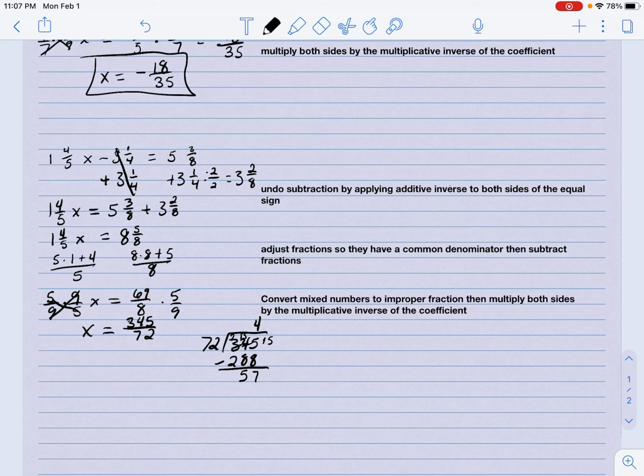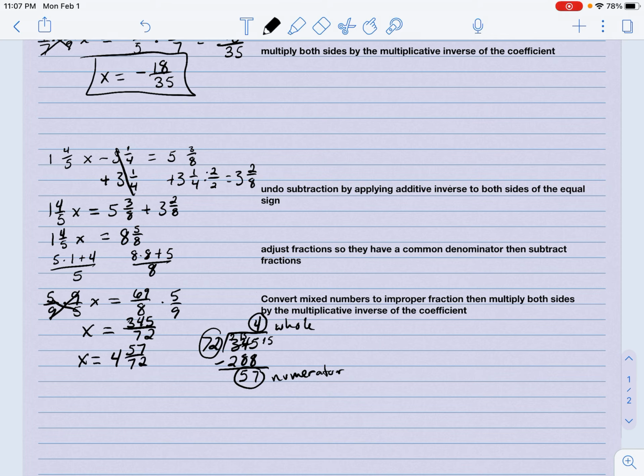And then 2 minus 2 is 0, so we're left with 57. So once again, our whole number is up top, the numerator is our remainder, and then the denominator stays the same. So this becomes x equals 4 and 57/72.